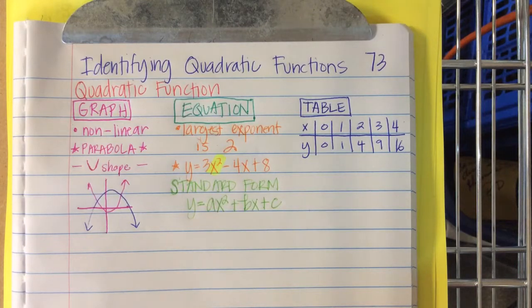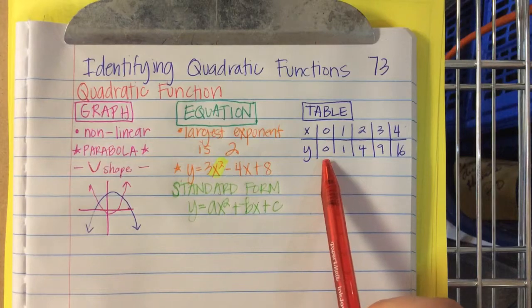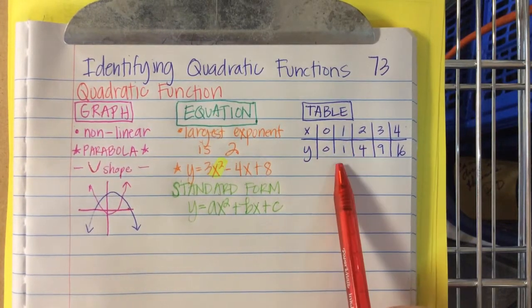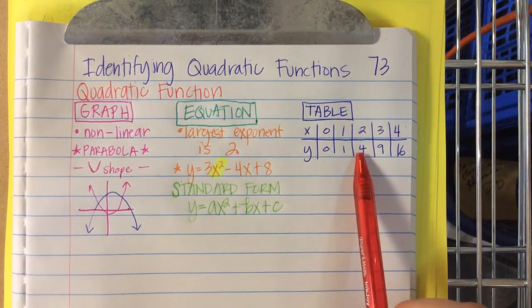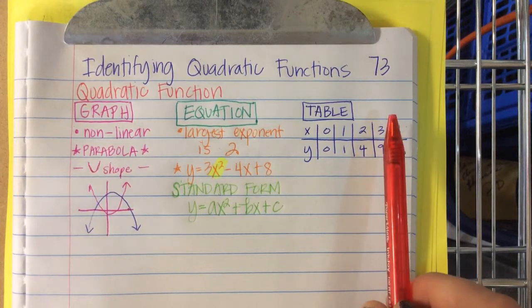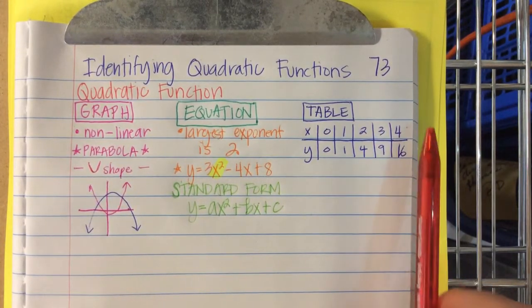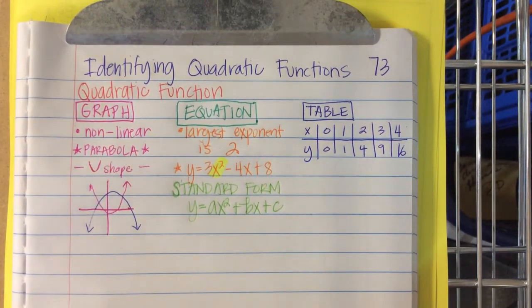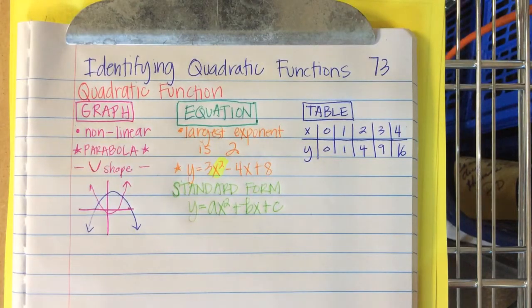In this table, the first ordered pair is 0, 0. The second ordered pair is 1, 1. The third ordered pair is 2, 4. The next ordered pair is 3, 9. The last ordered pair is 4, 16, sorry. There's a table. Could it be written in ordered pairs? Yes.